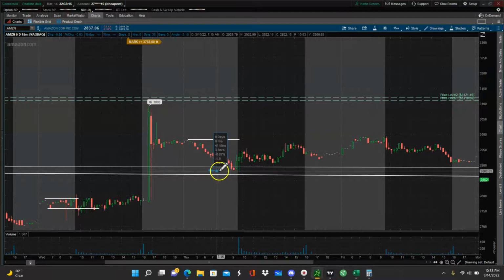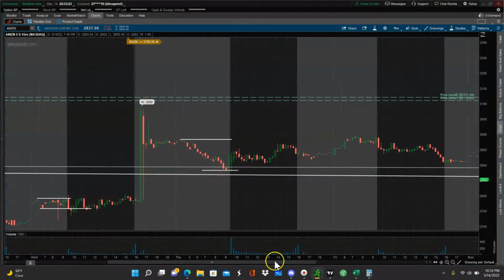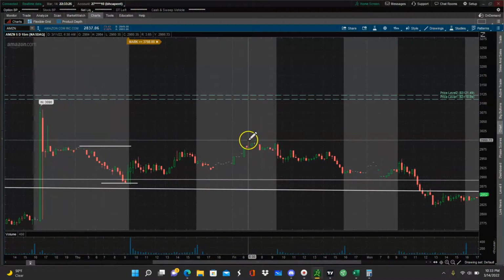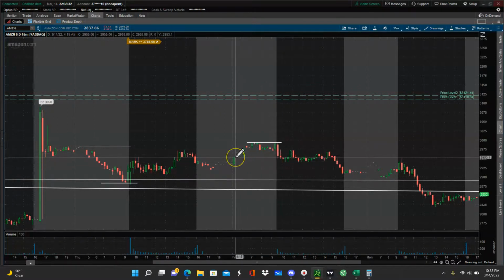Pre-market support right here. Just about. And then pre-market resistance here. And support is about right there.